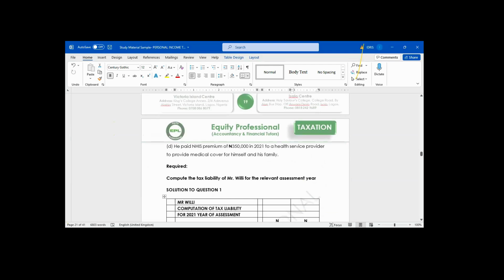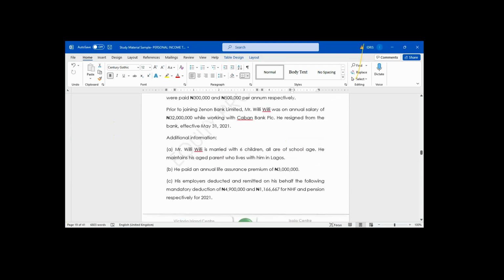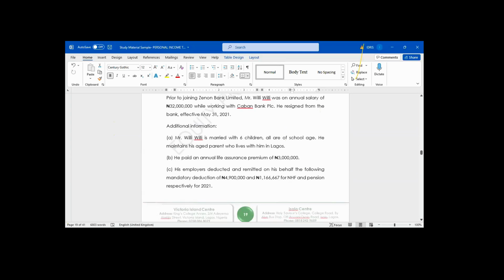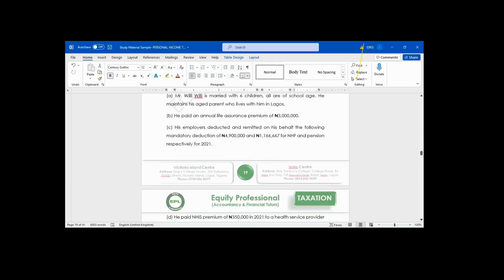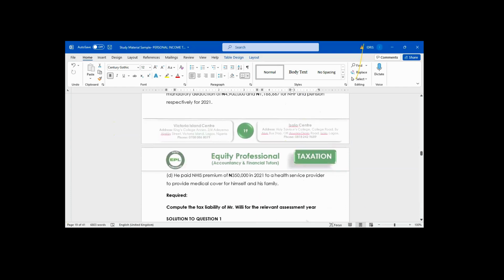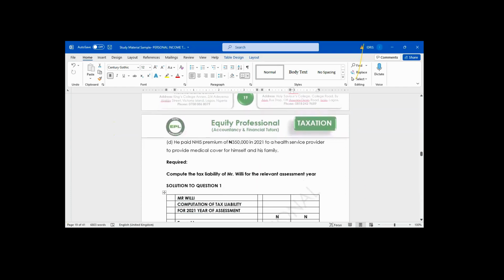Another tax exempt we have is NHF. How much is this NHF? 4.9 million. We put that. Pension, 1,166,667, we put that too. We also have another tax exempt called NHIS.